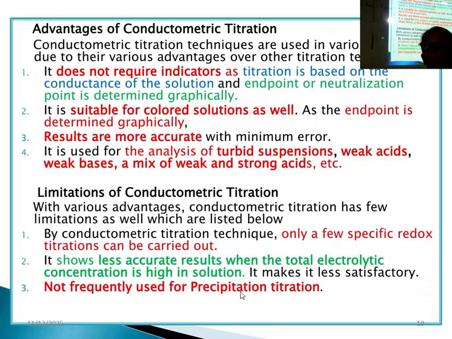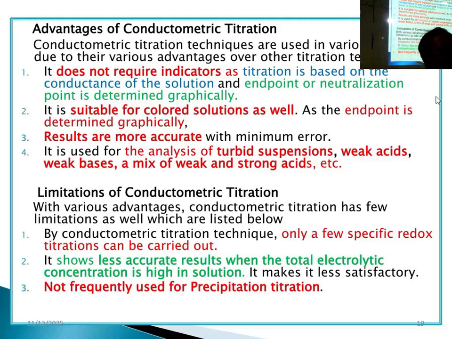What are the advantages of conductometric titration? If the solution is already colorful, you can take the help of an instrumental method. Also, you get the actual neutralization point, not the end point. End point means it is already alkaline, and only then you observe the color change. But the neutralization point is where one equivalent of acid neutralizes one equivalent of alkali.